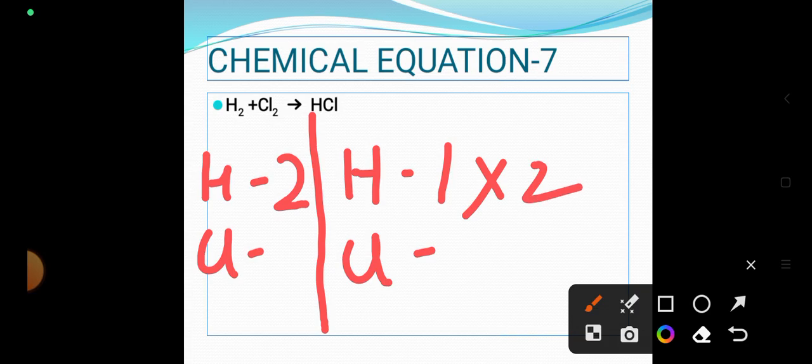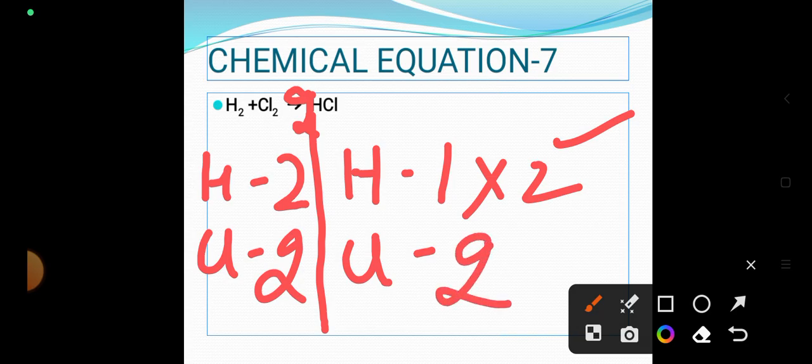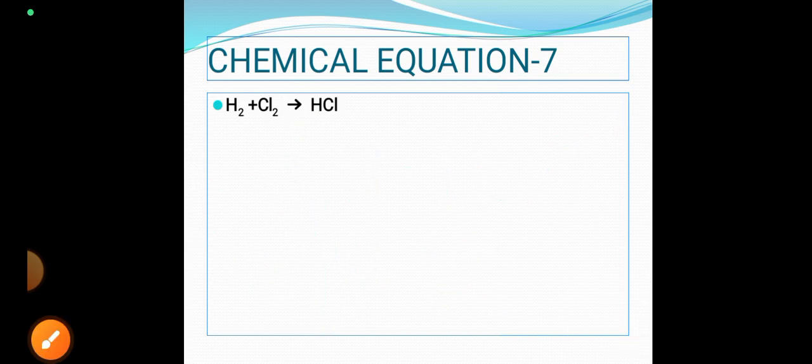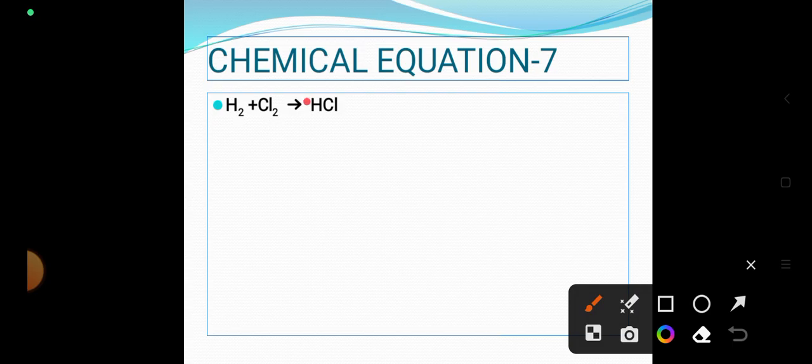So if I write a 2 beside HCl, then hydrogen will be balanced. Chlorine, again it's diatomic molecule, 2 on left, and now again I have already written 2 on right side. So hence the complete balanced equation will be H2 plus Cl2 giving rise to 2HCl.